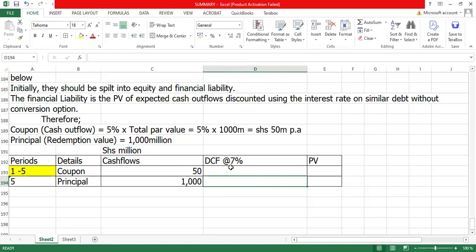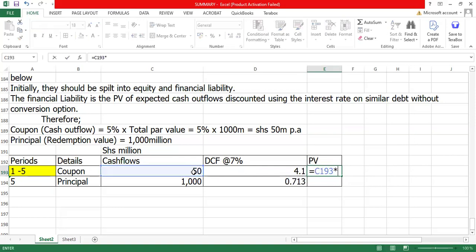Stand where you have 5 on the last table, then read using the column where you have 7%. What do you have? It's 4.100. Then here? 0.713. Okay. So you multiply, you get this times this.